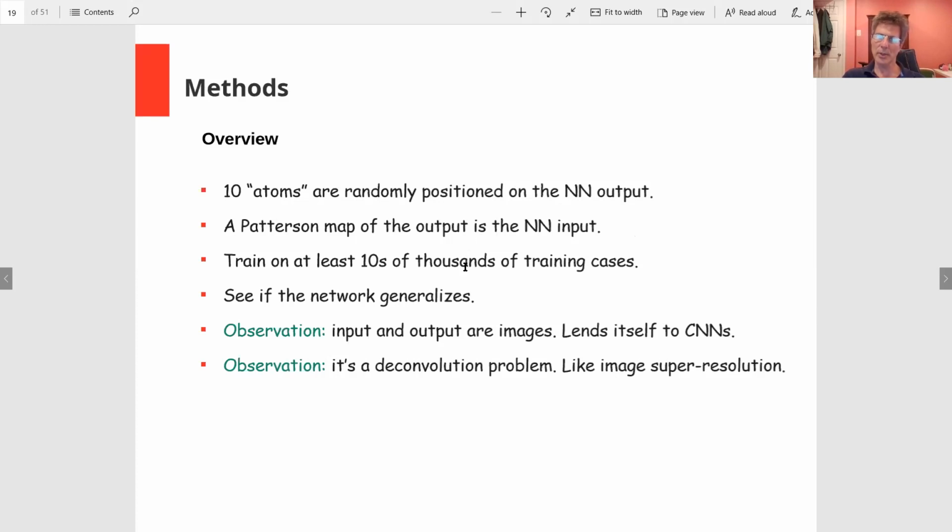Then I train on tens of thousands of these training cases where I show it a Patterson map, and I basically tell the network, this is the atomic configuration for this Patterson map, over and over and over, and then try to see if it can not only train on that data, but also generalize to cases that were not in the training set.